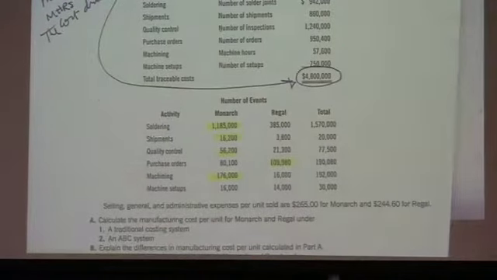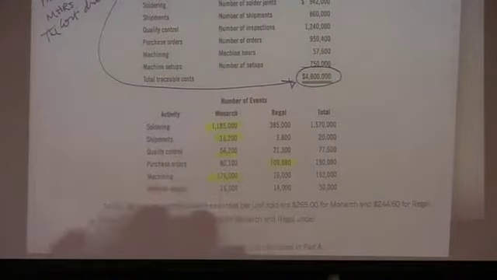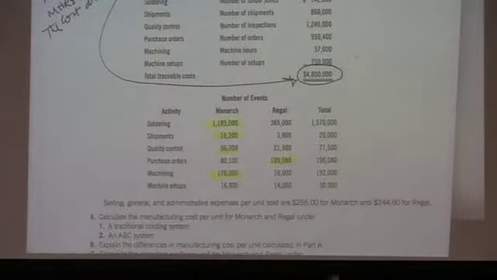And shipment. So again, the greatest part about ABC is that it allows us to really look at where we spend our time, and then this allows management to start determining whether these activities add value to the product and to the customer's experience. That's one reason why we need activity-based costing.